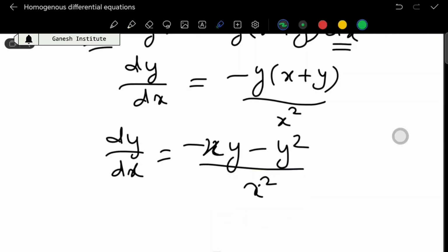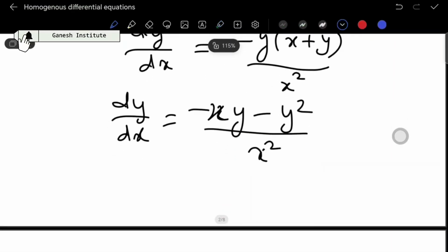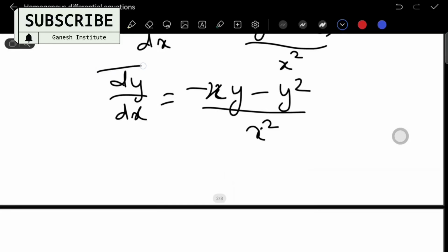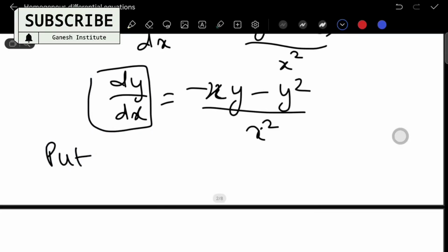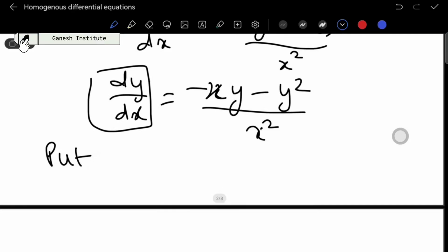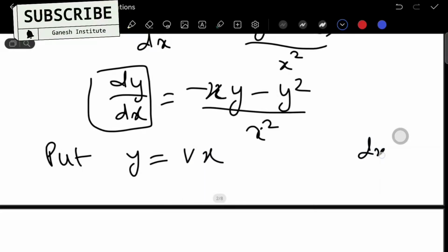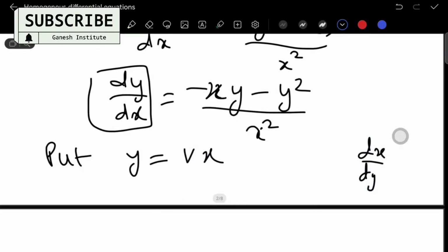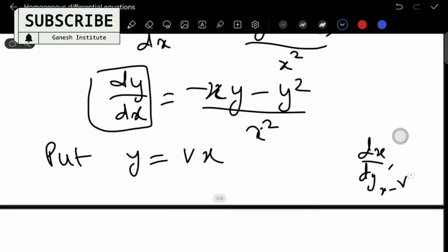So yes, we will say that it is a homogeneous differential equation, and whenever it is a homogeneous differential equation of the type dy by dx, then you have to substitute before separating the variables, because at the moment variables cannot be separated. So you have to assume that y equals vx. If it would have been dx by dy, then you were supposed to assume x equals vy.